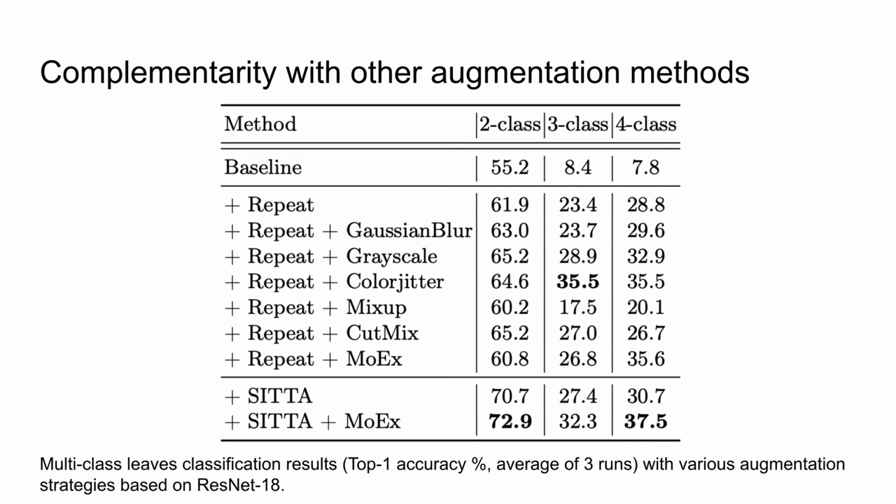Sita improves the baselines with a large margin and is even highly competitive with state-of-the-art methods mix-up, cut-mix, and MoX. Also, since Sita generates new data that could be easily used with any augmentation methods, it could be observed that Sita is compatible with other augmentation methods and consistently helps boost the model performance with obvious edge.